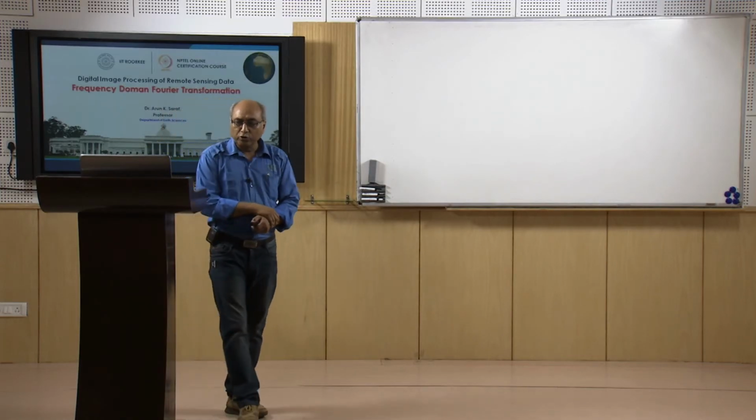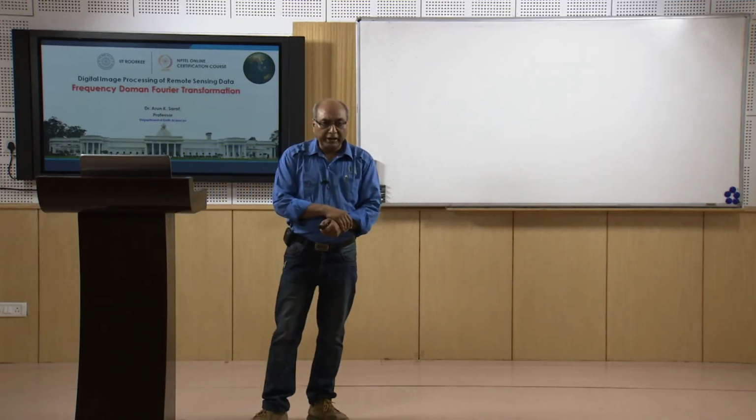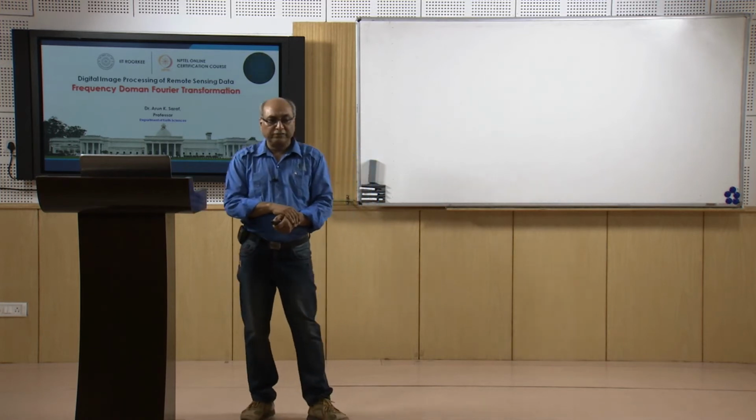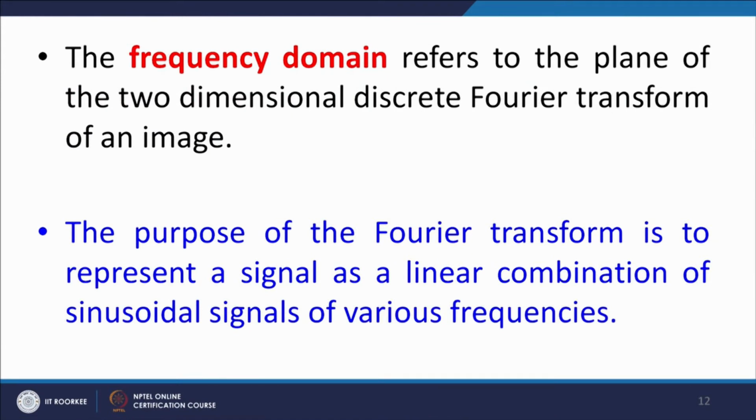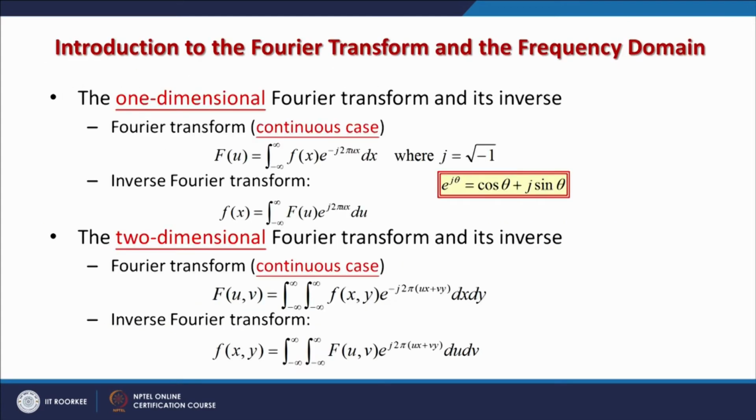And the frequency domain refers to the plane of the two-dimensional discrete Fourier transform of an image. And the purpose of the Fourier transform is to represent a signal as a linear combination of sinusoidal signals of various frequencies. So this is how, mathematically, there are different options available, like the one-dimensional Fourier transform and its inverse equation, both are given here.